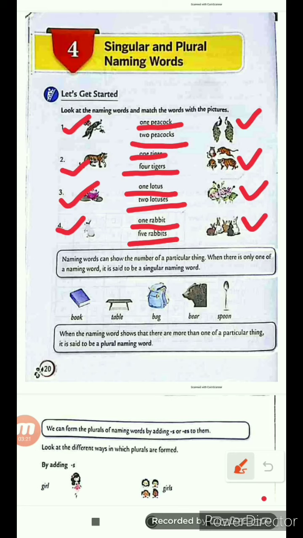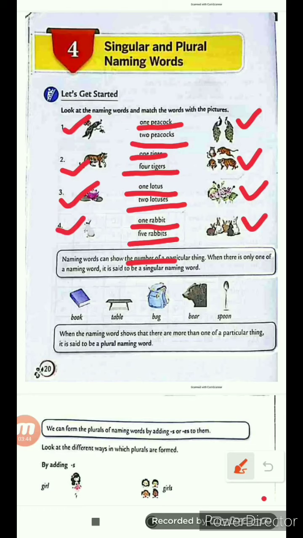So here, what is written? Naming words can show the number of a particular thing. That means number. We are saying about the number, isn't it? How many are there? 1, 2, 3. We can identify that.